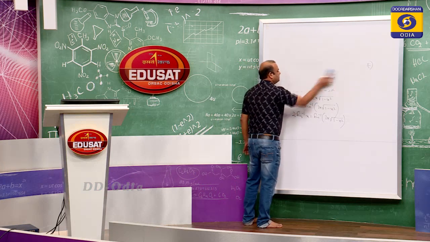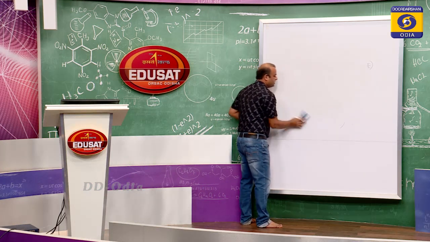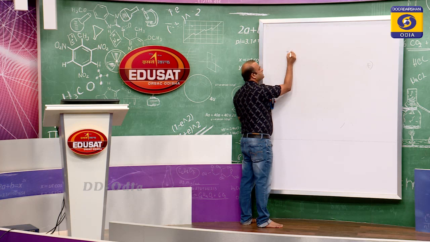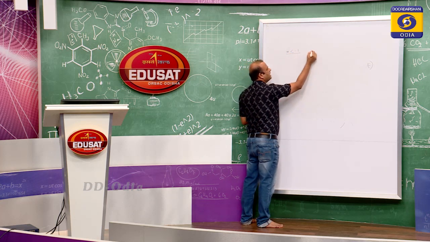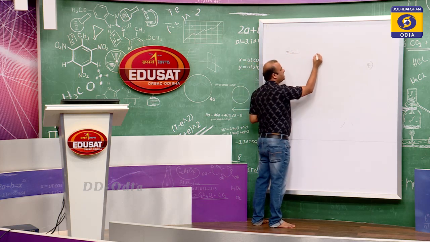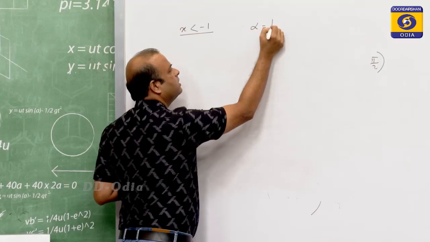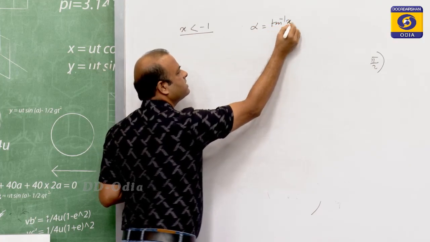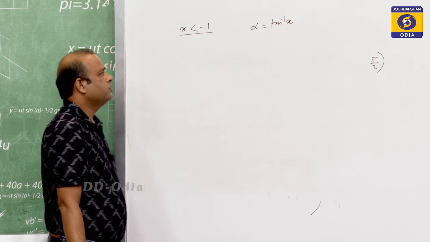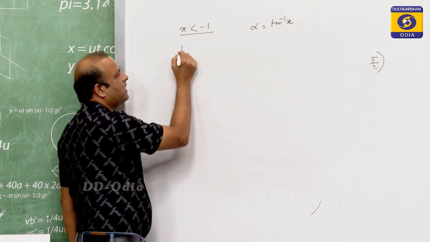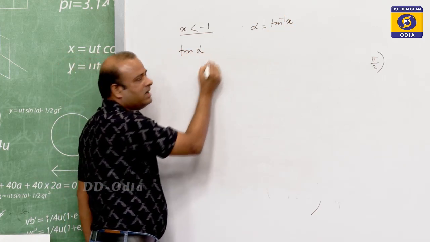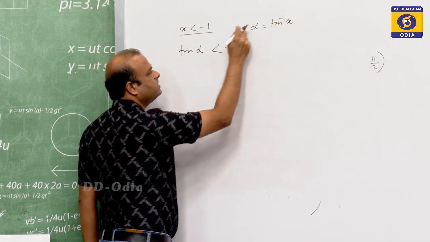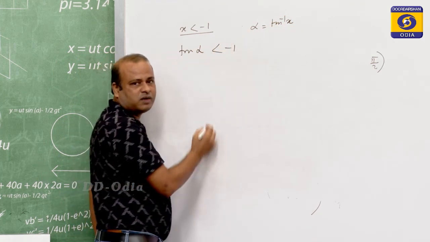So consider this case, x less than minus 1, and alpha is equal to tan inverse x. So now tan alpha is less than minus 1, because x is your tan alpha.